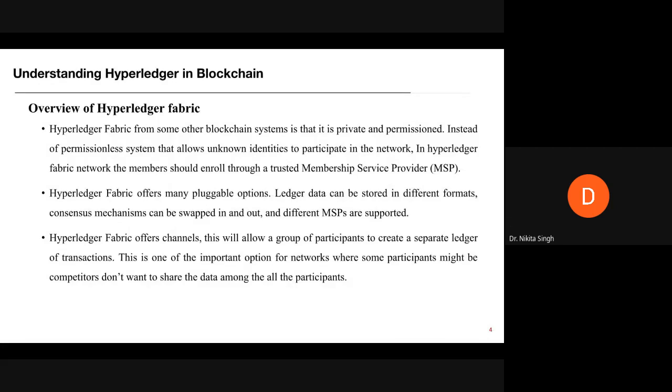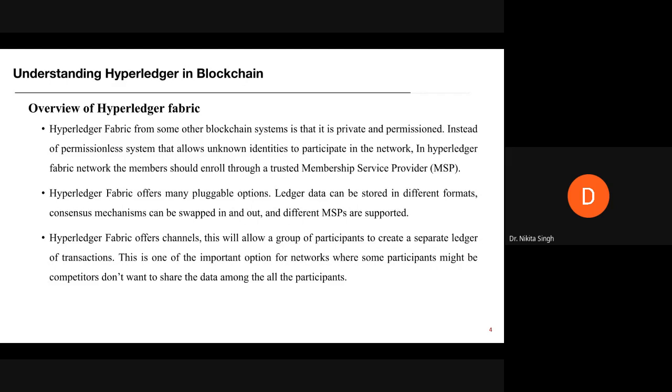What the membership service provider, the MSP, does is it has the task of issuing and maintaining identities. So if I am a node on a Hyperledger Fabric network, then the MSP will give me an identity and it will also maintain a record of that identity. The issuing and maintaining of the identities is handled via the standard public key infrastructure, which is a public and private key system based on digital signatures.